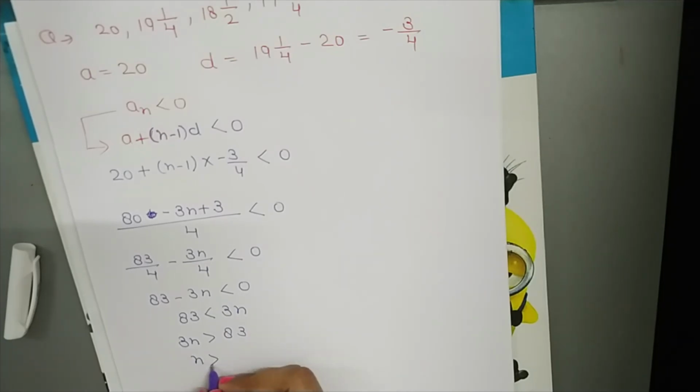So n is greater than 83 upon 3, that is n is greater than 27 2/3. So approximately it will be 28. We can consider it 28. So the 28th term of the given sequence is the first negative term.